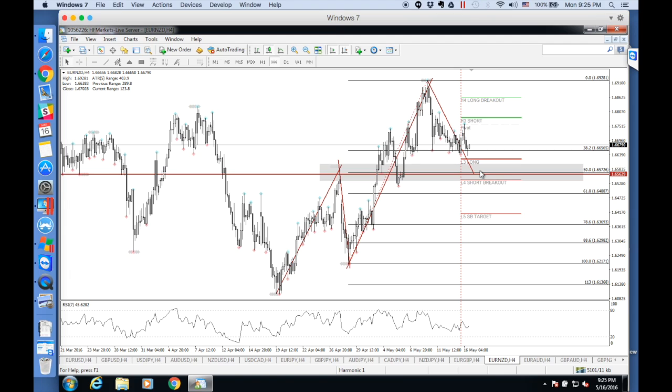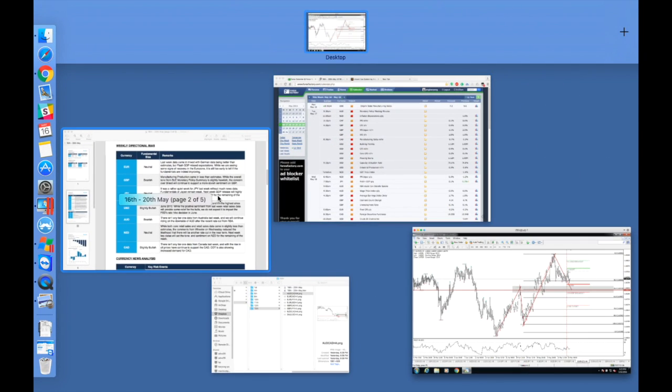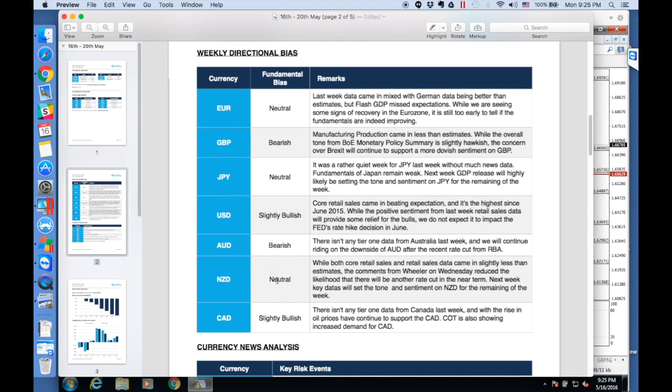Why I wouldn't favor this buy trade is because if I buy this, I'm actually shorting New Zealand. Okay, and if I go back to my fundamental bias here, though it's neutral, right? I'm looking at the central bank's decision that there will not be another rate cut in the near term. So because of that, I'm not wanting to put my money at risk.